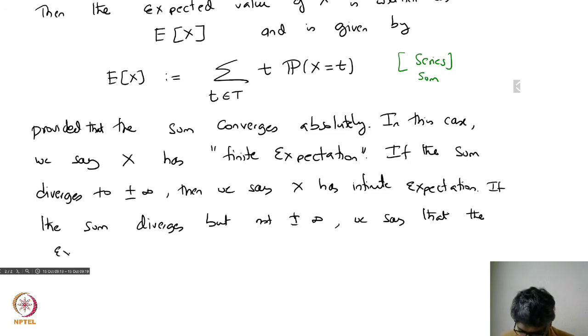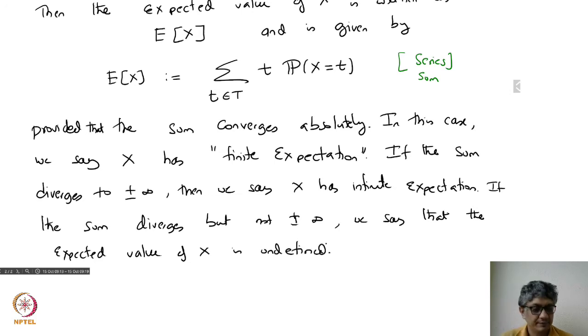Expected value of X is not defined. So that's the idea. You have a random variable X, then you define it by the sum. If the sum converges, you say that's the expected value, the finite expectation. If it diverges to plus or minus infinity, you say the random variable has infinite expectation. And if the sum diverges but not to plus or minus infinity, we say that the expected value of X is undefined.